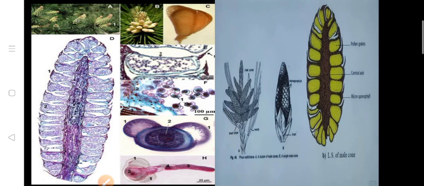A male cone consists of a large number of microsporophylls, which are arranged spirally on the cone axis.